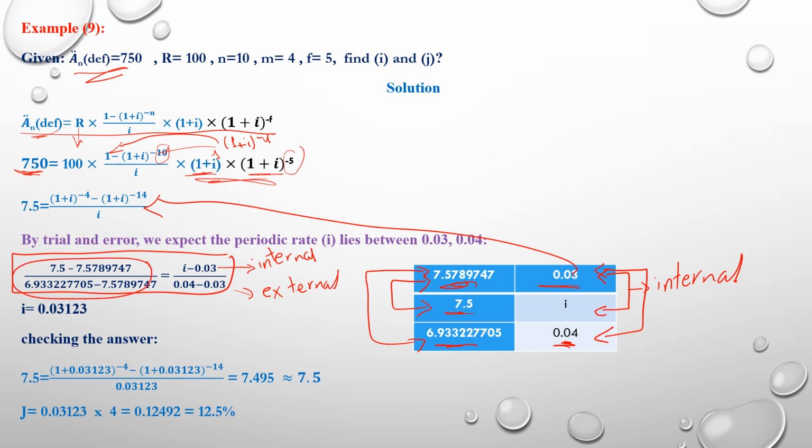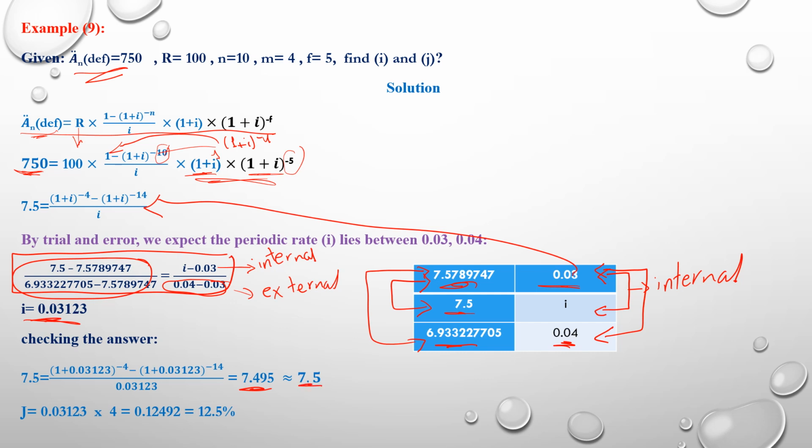First, find the value of these amounts, and then multiply this with the difference between 4% and 3%. Then add 3% to them, and you will get the value of i, which equals 0.03123. By substituting the value of i in this formula, we get the same amount, which is 7.495, and this is almost equal to 7.5.